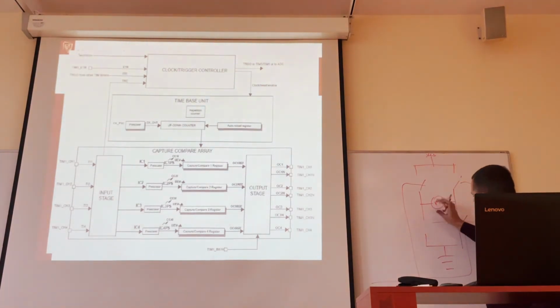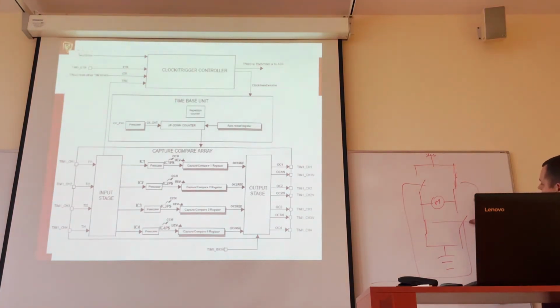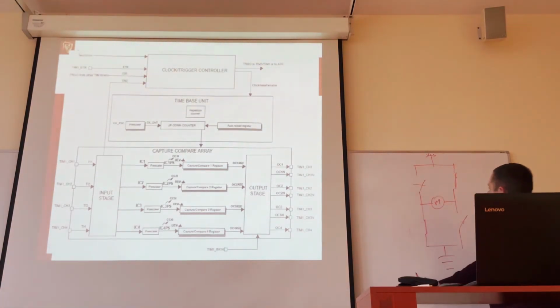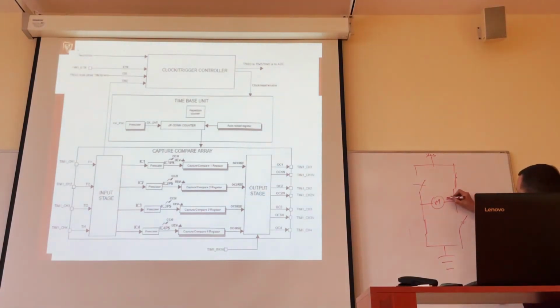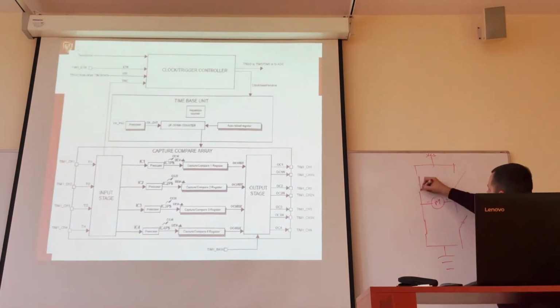So either we have a configuration where we have this shortened, this is configuration number 1, and then the motor has plus here and minus here, or we switch in a complementary way, then this is open, this is closed, this is open, this is closed.